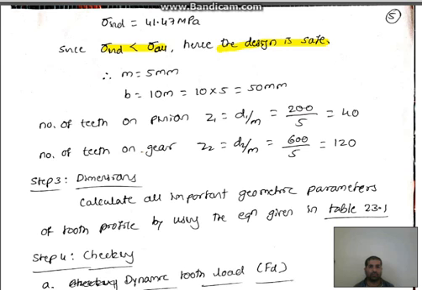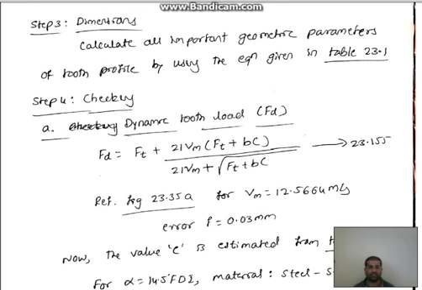Finally, we write module equal to 5 mm, face width is 50 mm. Calculate number of teeth on the pinion and number of teeth on the gear. Step 3. Calculate all important geometric parameters of the tooth profile by using the equation given in the table 23.1.